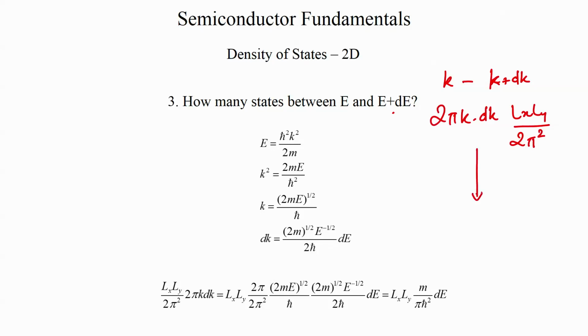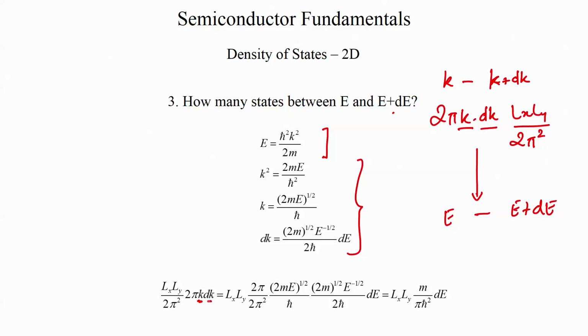Now how do I convert this to the number of states between E and E plus dE? We go through the same process again. We know E is p square by 2m, which is h bar square k square by 2m, and therefore all these relations follow. And now we substitute for k and dk.